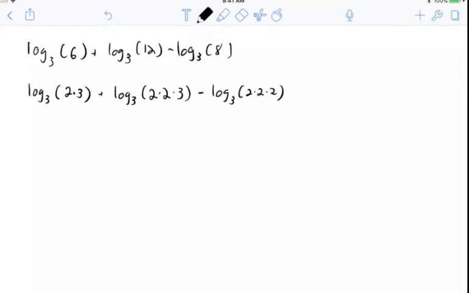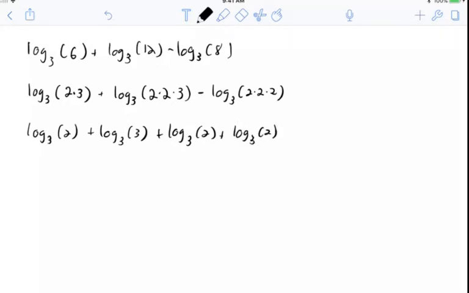So when you expand them out, the first one becomes log base 3 of 2 plus log base 3 of 3 plus log base 3 of 2 plus log base 3 of 2 plus log base 3 of 3 minus, alright, now I need to break these guys up, log base 3 of 2 plus log base 3 of 2 plus log base 3 of 2.